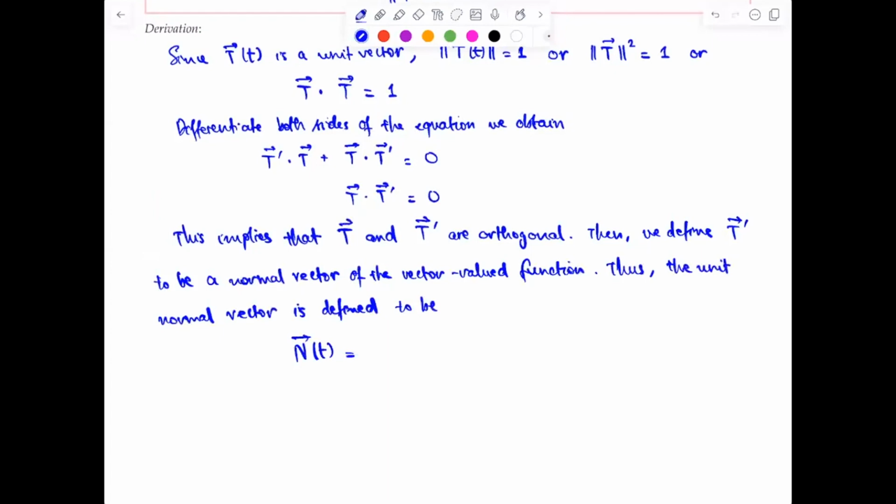Because T prime is the normal vector, so to normalize that, or to find the unit normal vector, what you do is you use T prime, then divide it by the magnitude of T prime.